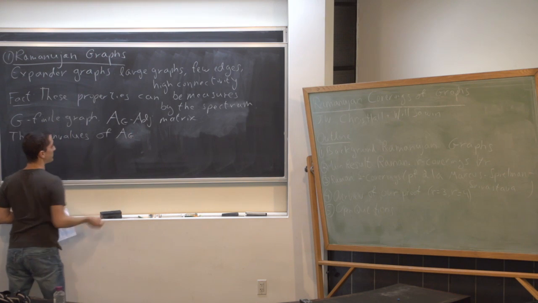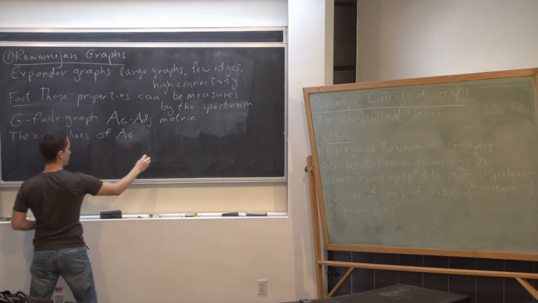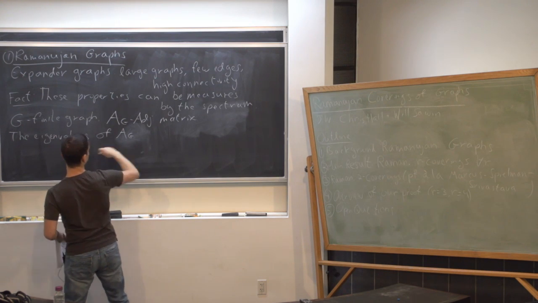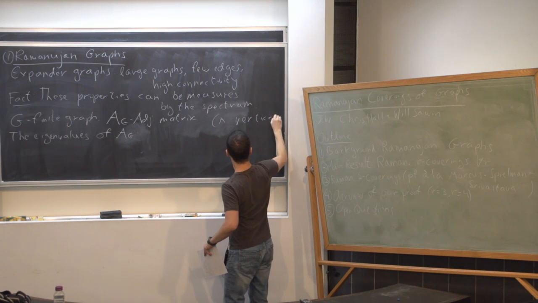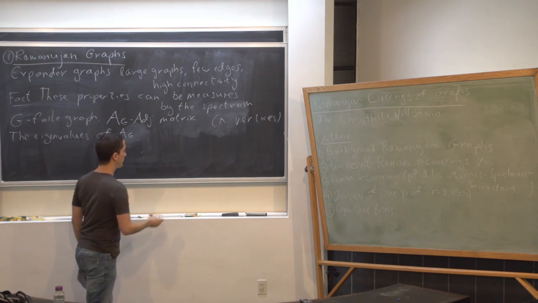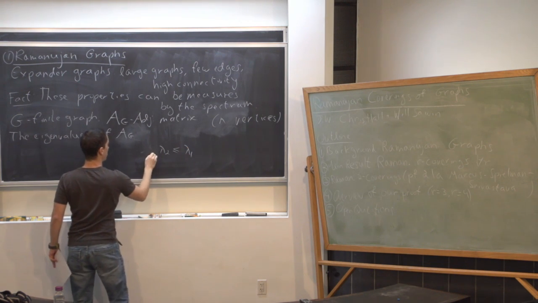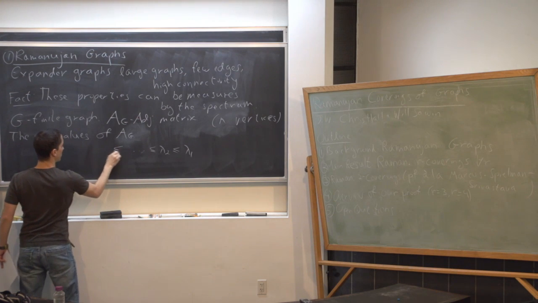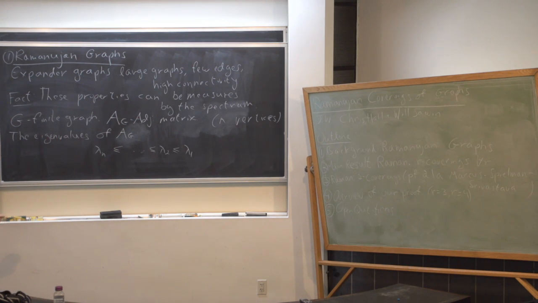Because the adjacency matrix is symmetric, all the eigenvalues are real. Let's say that G has n vertices. The eigenvalues of G will be denoted by lambda 1 up to lambda n.